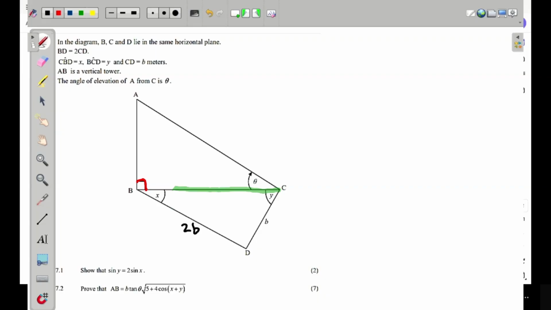Lastly, the angle of elevation of A from C is theta. Now, let's quickly talk about this elevation and depression story. If this is where you are, your eye level is usually the horizontal.